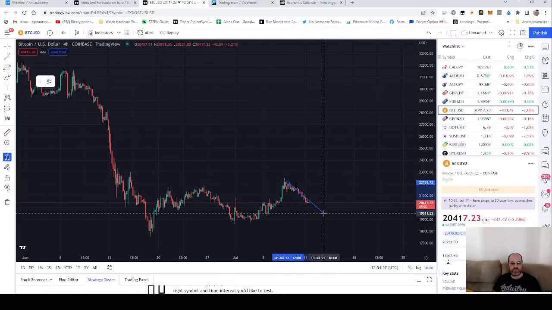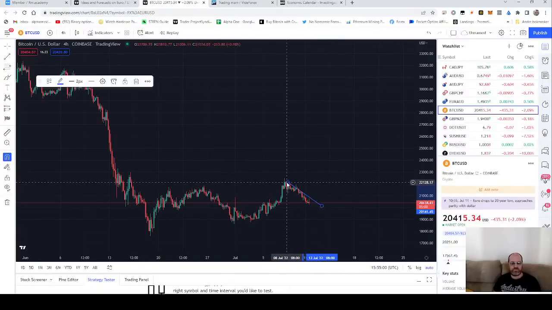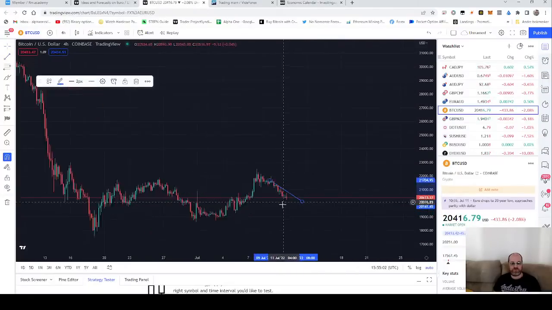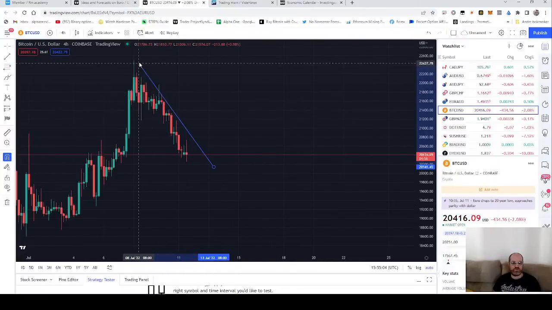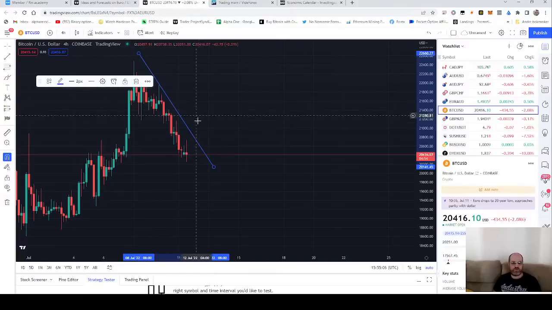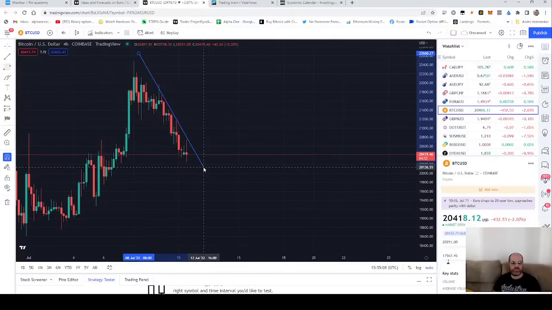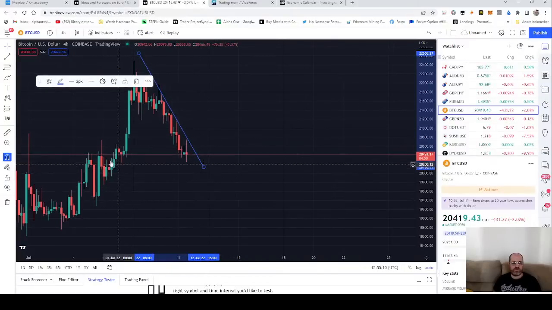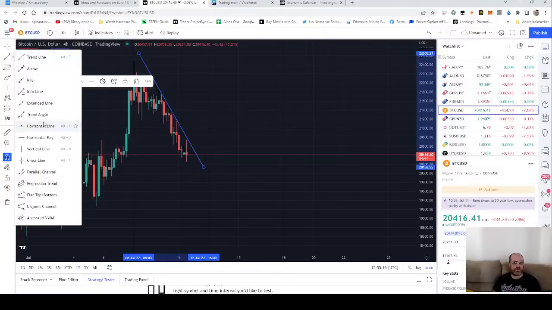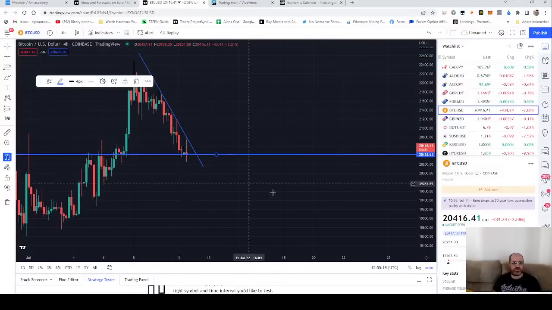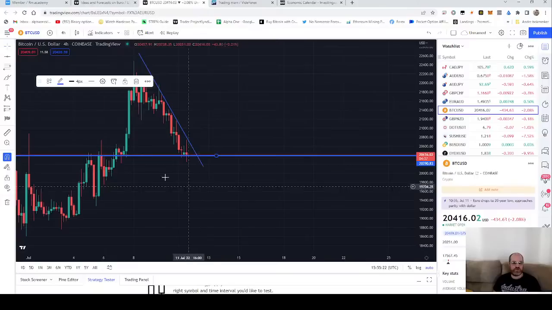You can see if we mark it there, and let's zoom in so you see a little better. If you mark it something like that, and there. So we're currently in a downtrend, but it also looks like we have formed a support here right now. So we can make a horizontal line here. Let's move a little more down, maybe around there.